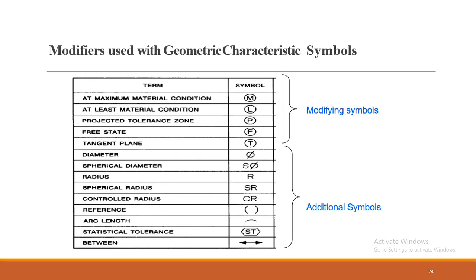The tangent plane and maximum material condition are the modifier symbols, and below are the additional symbols, which are not necessary. But we have to maintain maximum material, least material, projected tolerance, free state, and tangent plane.